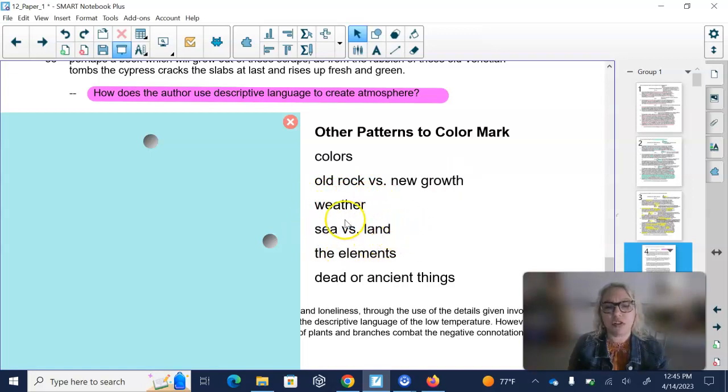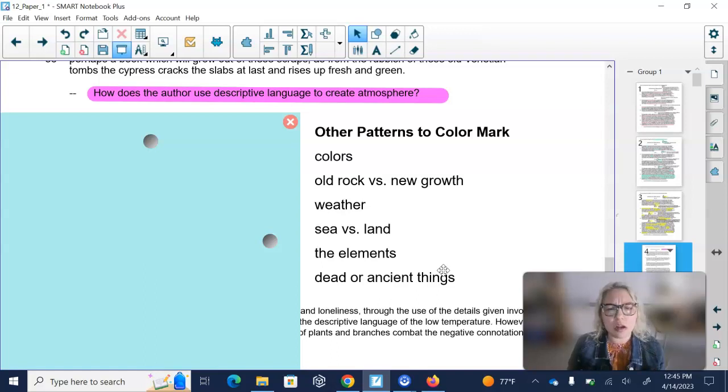Here's another oppositional pair, sea versus land. How about the elements? At one point, he talks about the elementals. Trace all of the different elements, air, sea, rock, earth, plants. Dead or ancient things, I noticed there's a lot of those referenced as well. So those are some ideas.